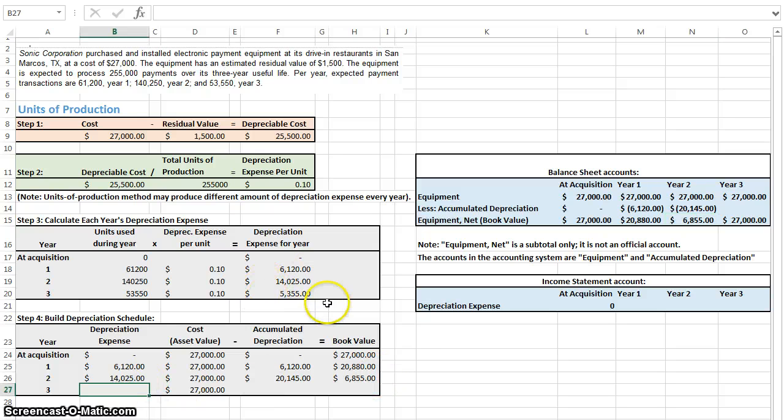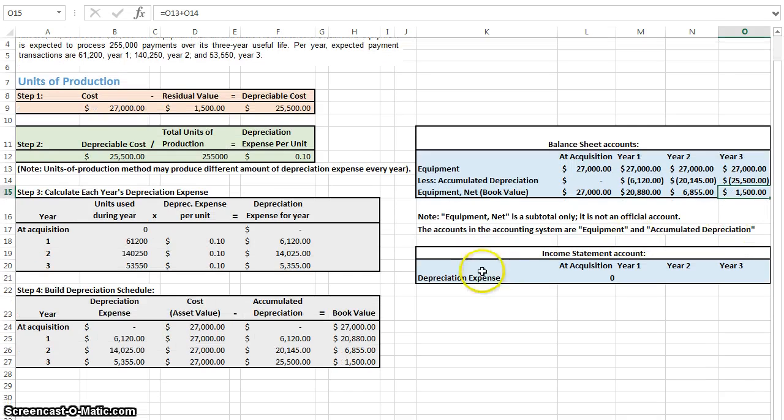Year three, take it from my calculation, $5,355 is my depreciation expense. Accumulated depreciation is last year's accumulated plus this year's addition, which is depreciation expense, and it's $25,500. Our book value is cost minus accumulated depreciation, so we'll plug that in here, minus $25,500.